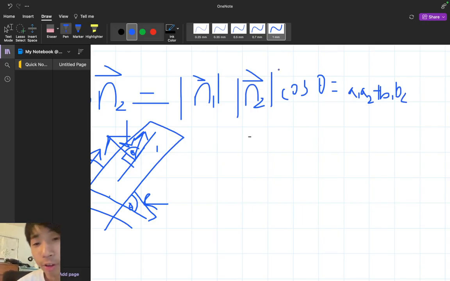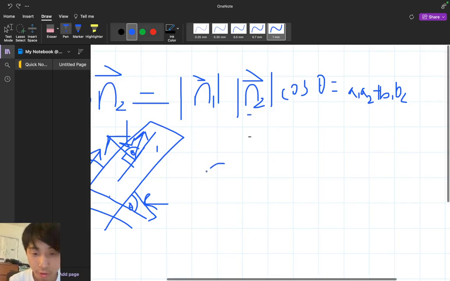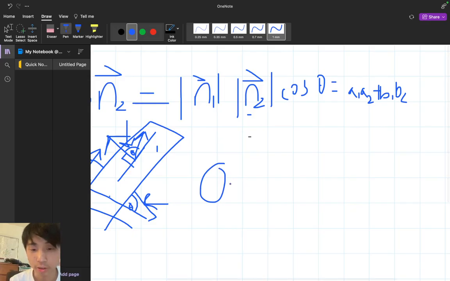Anyways, so you can find the angle using this. Just solve for theta.